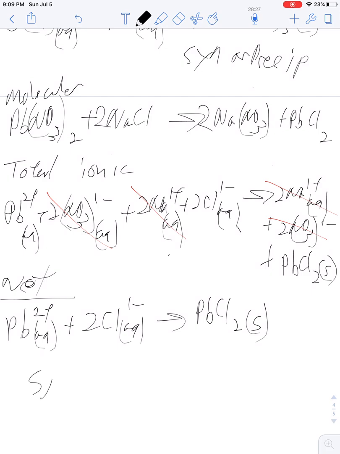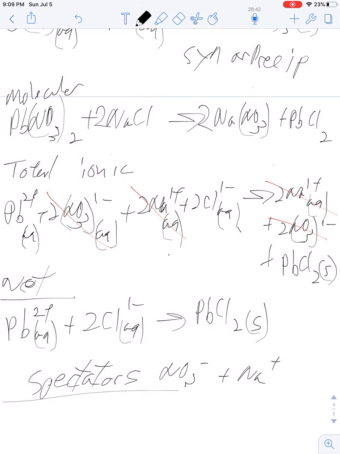We would say the spectators would be the nitrate and the sodium, because they canceled out and were on both sides of the reaction.